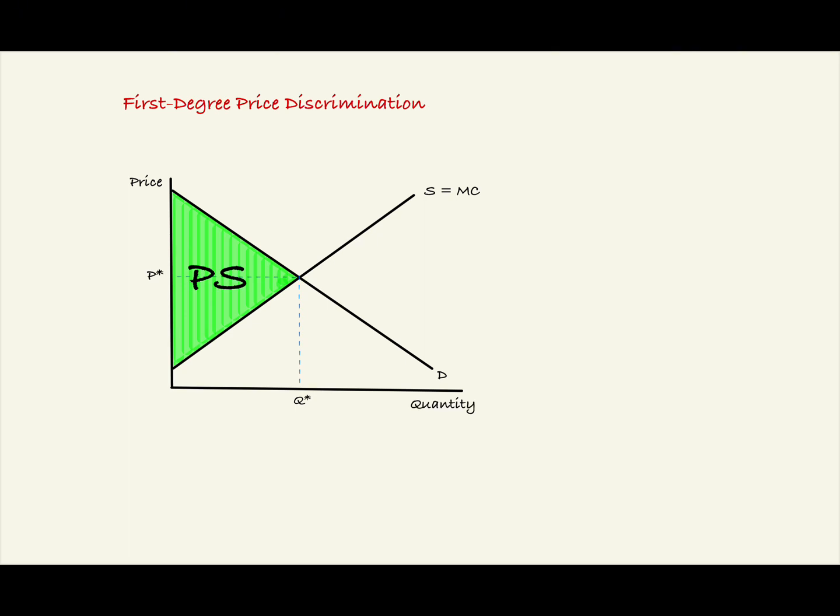That means that producer surplus will be bounded above by the demand curve. At the same time, producer surplus is bounded below by the supply curve because the supply curve represents the lowest price that the producers are going to accept for their product.